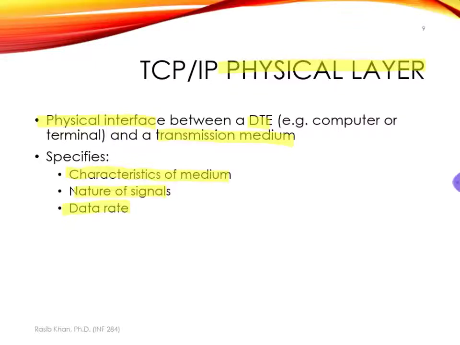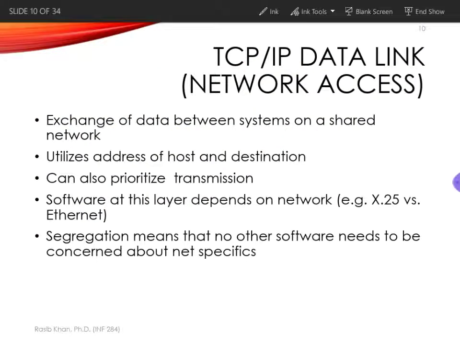So once we have established how 2 end systems would be connected physically, we then go ahead and try to define, once they're connected, how the data is going to be exchanged between the systems. And that is where we come to the data link layer, and this defines the exchange of data between systems on a shared network.